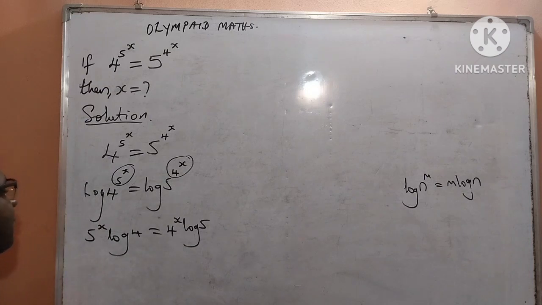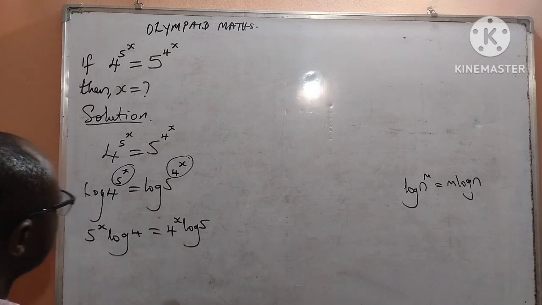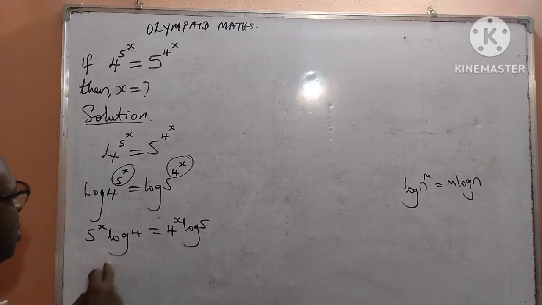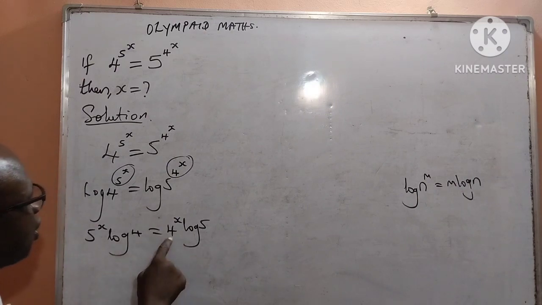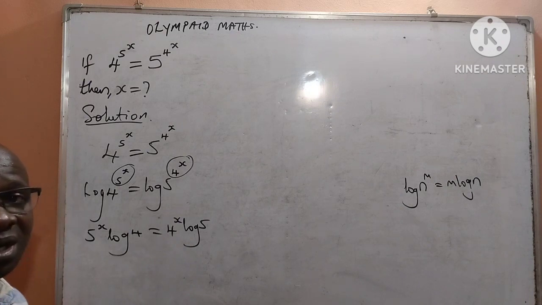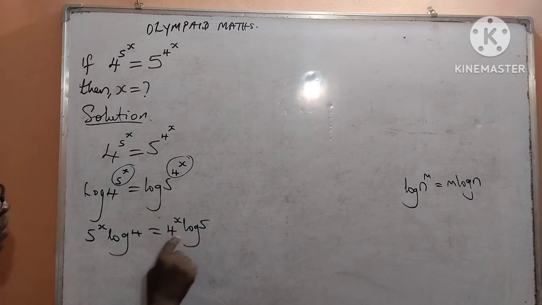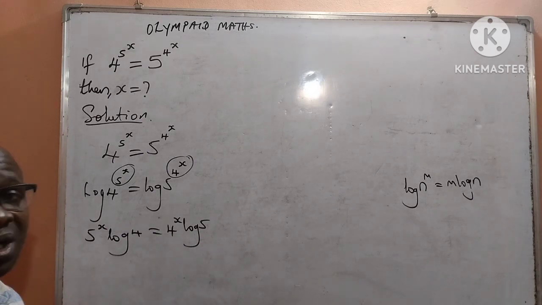We'll keep moving forward. Let us, at this point in time, divide both sides of the equation by 4 to the power of x. The reason is because I want to get rid of x on both sides and have my x on one side.